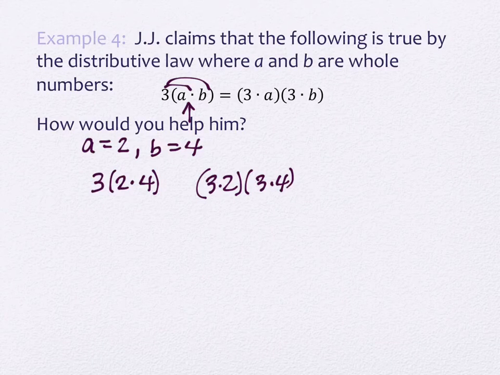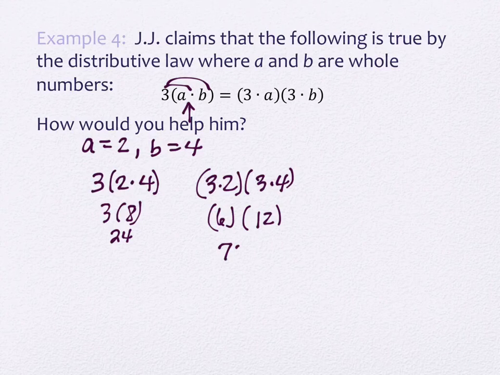Well, 2 times 4 is 8, and 3 times 8 is 24. On the right, 3 times 2 is 6, and 3 times 4 is 12, and 6 times 12 is 72. And these two quantities, of course, are not equal. In fact, if you look at them, what is the factor that I could multiply 24 by to get to 72? 3, right?